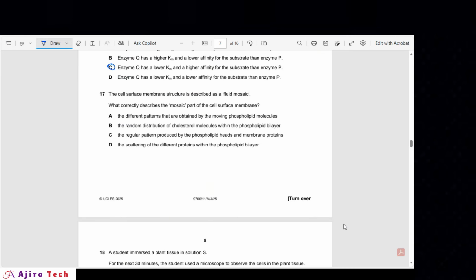The cell surface membrane structure is defined as fluid mosaic. Fluid because of the random motion of the phospholipid in the bilayer. Mosaic because of the pattern, the way the proteins are scattered within the phospholipid bilayer to give a mosaic pattern.